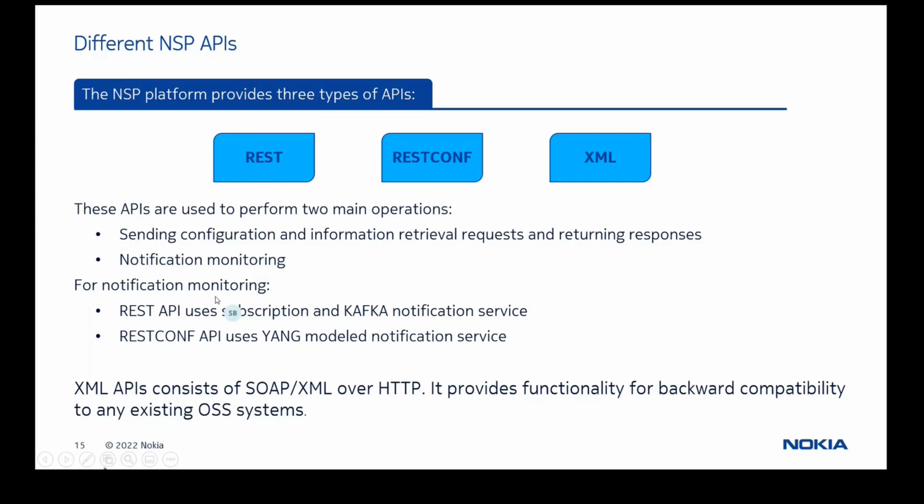Okay. So lots of times when people talk about this, they say, well, what are the differences between REST and RESTCONF? Now, there are a few differences between REST and RESTCONF. To be honest, most of the differences are really minor. If you do a simple Google search on REST and RESTCONF, a lot of them are really, really minor. However, there is one major difference, and it's basically the reason why RESTCONF came into play.